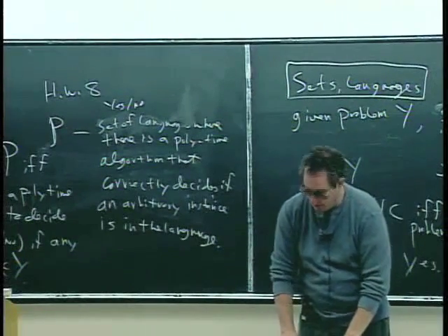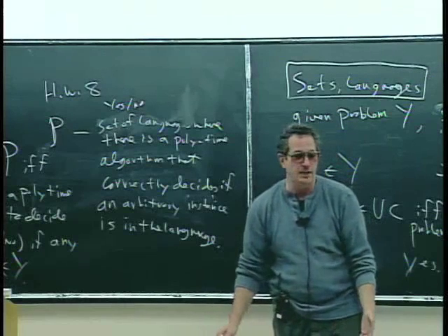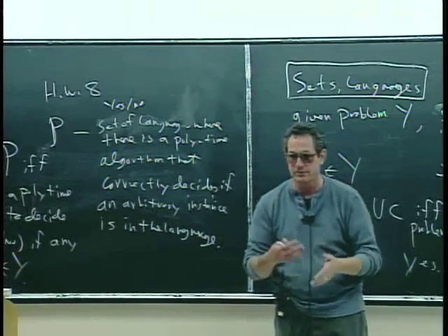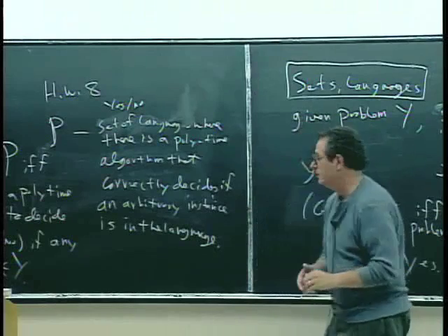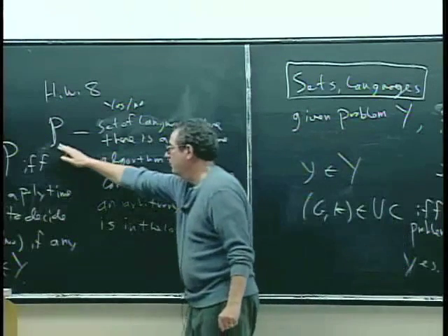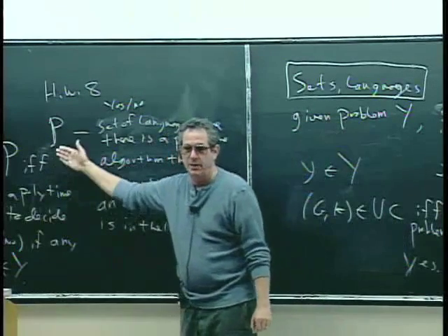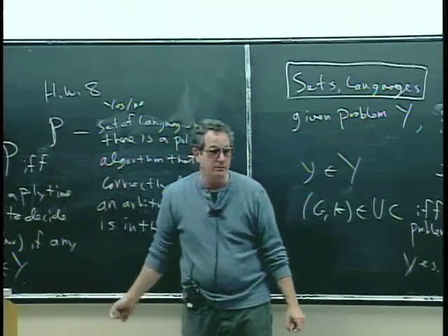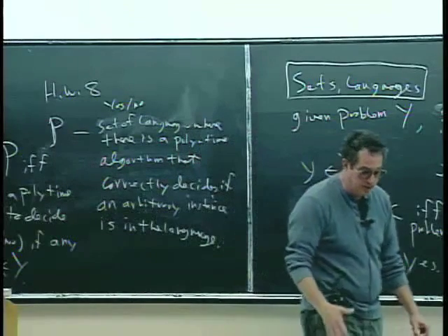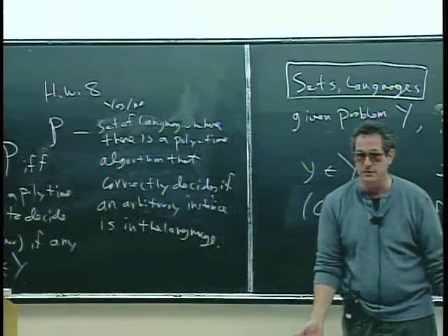Have we done anything yet? Anything with any real substance, or this is all just definitional? It's all just words at this point. We have P. But we do have examples of languages that are in P. Okay? What's an example of a language that's in P that we've seen in this class?